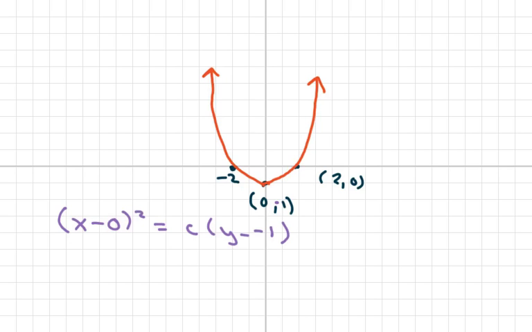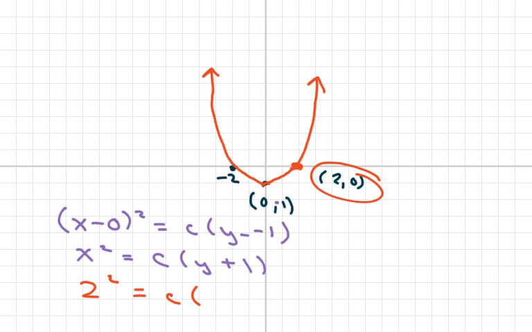Alright, and that's going to leave us with x squared equals c times y plus 1. Now we're going to plug in this point here. So I'm going to get 2 squared equals c times, my y is 0, 0 minus 1.